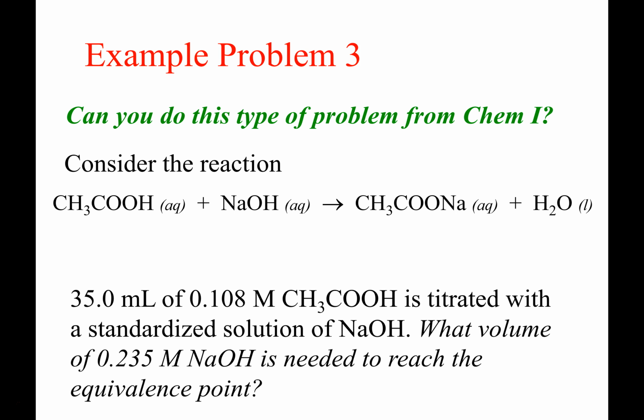And in Chem 1, I said I'm all about taking these volumes and molarities and putting them underneath the species they apply to. So under CH3COOH, I'm going to put 35.0 milliliters and a molarity of 0.108. Under my NaOH, I'm going to simply put a molarity of 0.235. And in Chem 1, I put question mark volume. That question mark volume is your equivalence point volume.